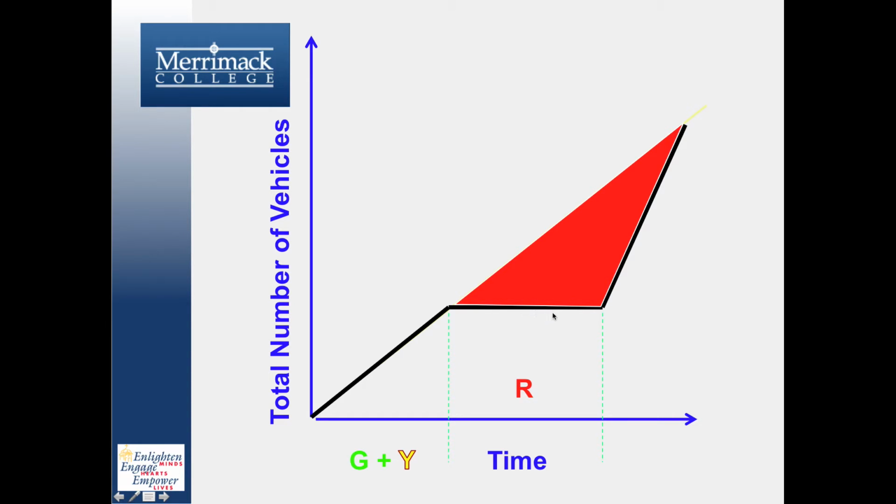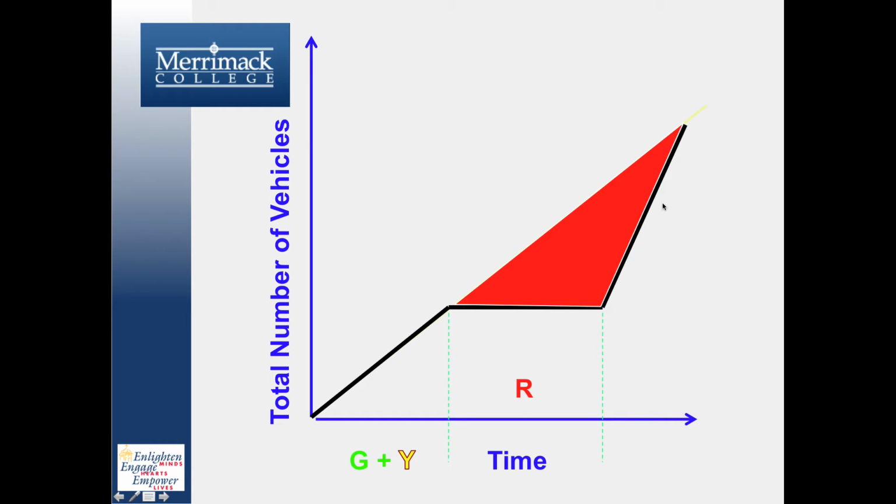So there's nobody leaving the intersection during red, and then when red goes green again at this point, they start leaving at a much higher rate because they're all queued up, right?